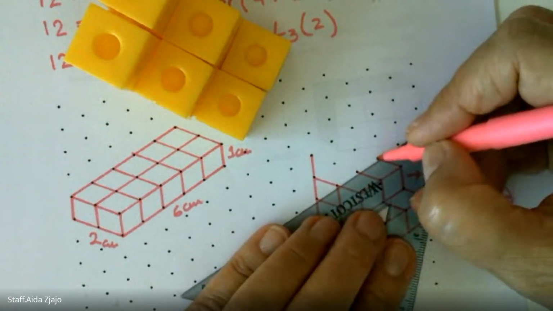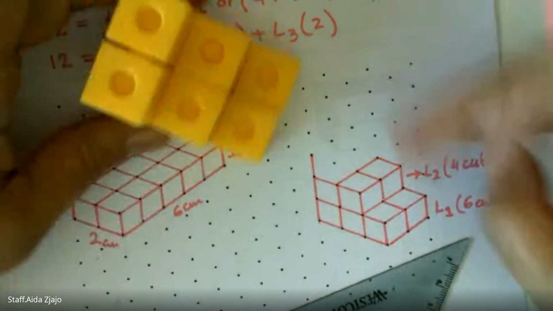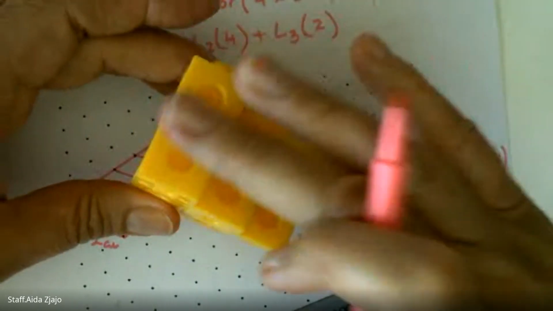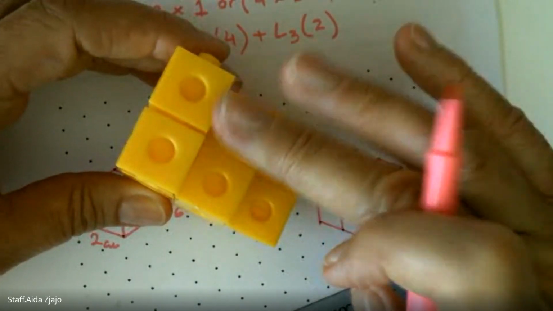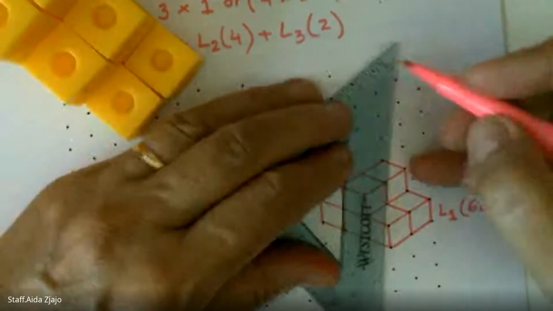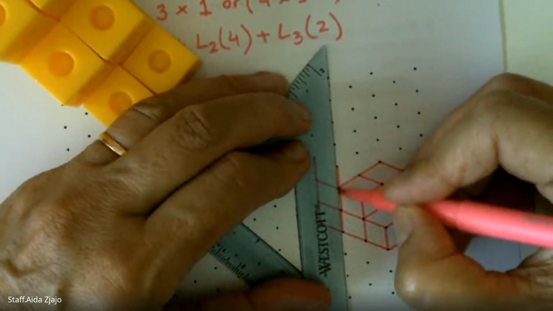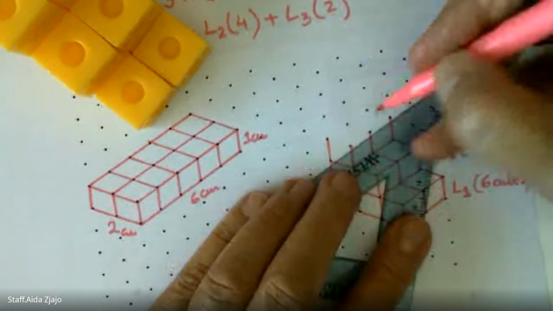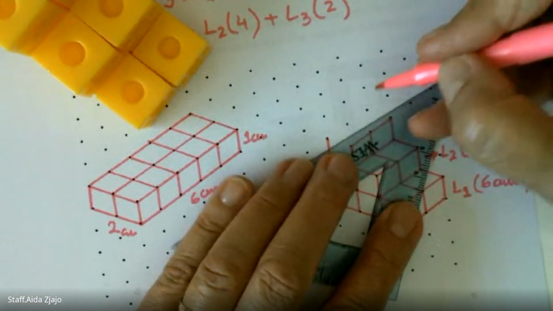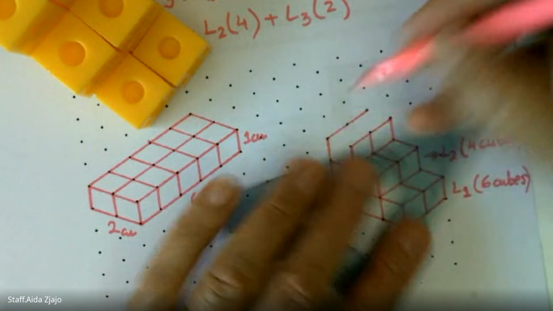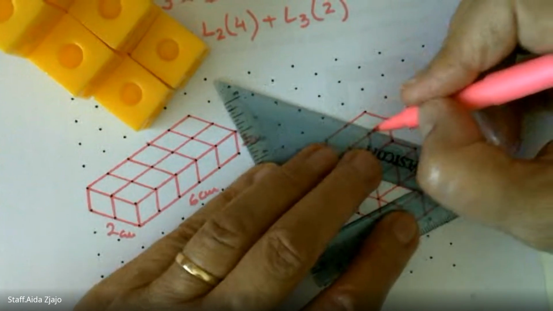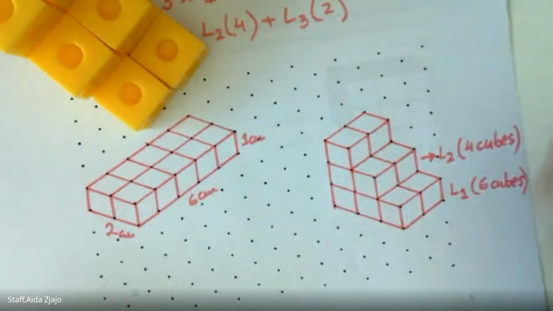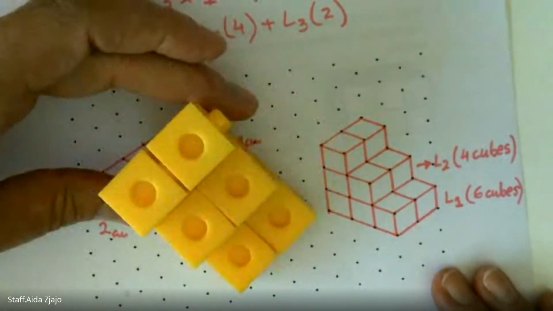Those are the ones that are missing from layer 2; they were here, now we don't have them. So last is the 2 last cubes that we can see. That would be layer 3 with the 2 cubes, and we kind of created stairs. 3D stairs, and here they are there.